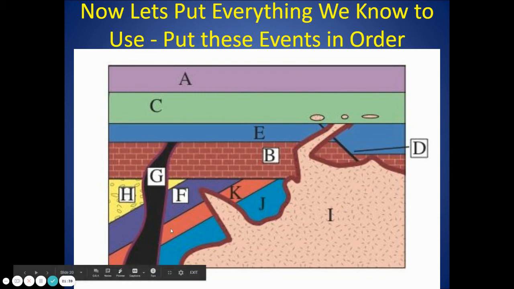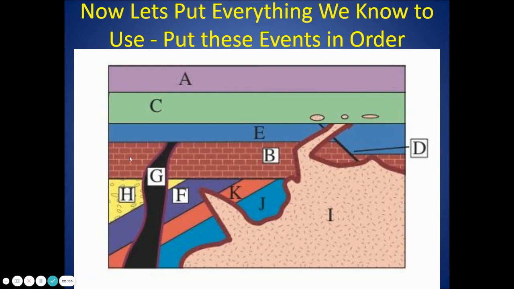So the absolute oldest, even though it's on a slant, would be J, this blue layer right here, because it's actually on the bottom. Because remember, all things are horizontal, but it just got uplifted. So J is the oldest, followed by K, because he's on top of him, and then F, and then H, and then we have B.